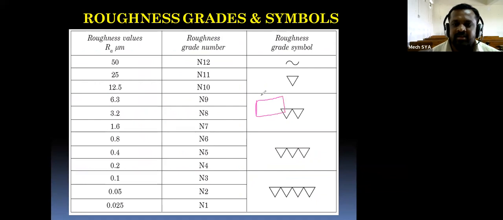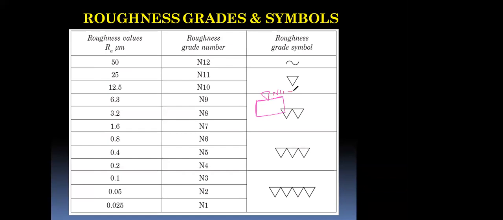In that component, suppose they will give one triangle like this, and they will write down here N11. And please tell me, what is the surface roughness value for this surface? What will be the surface roughness value for this surface? 25. Yes, it will be 25.